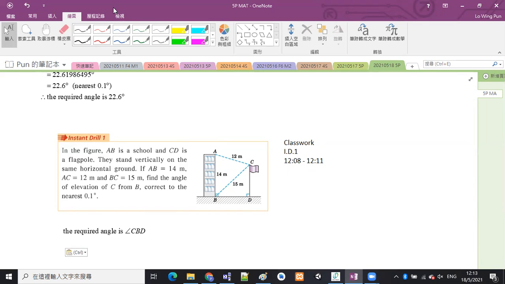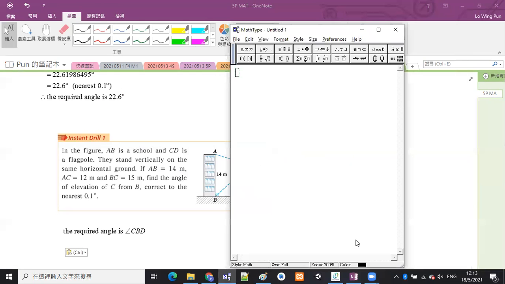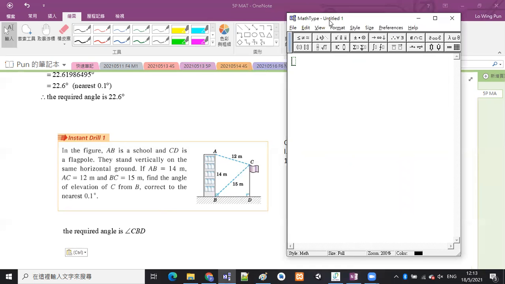Does any student need me to explain once more the angle CBD, the angle of elevation? No? Then I won't explain again. So the required angle is angle CBD, okay? But I need to calculate angle ABC in triangle ABC first, okay?